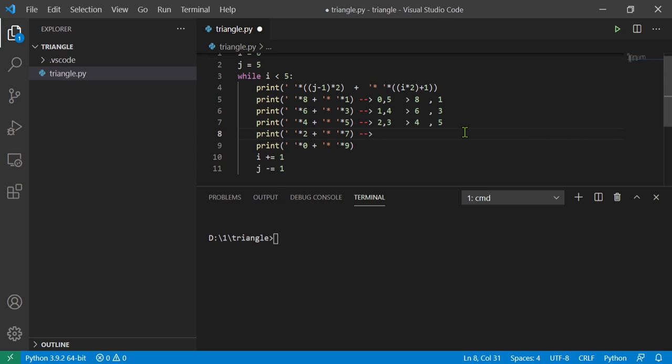For the fourth iteration, the i value is 3 and the j value is 2, which is going to give us the number of spaces 2 and the number of star space characters 7.